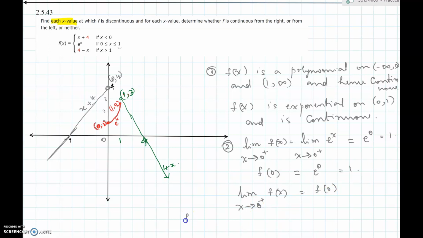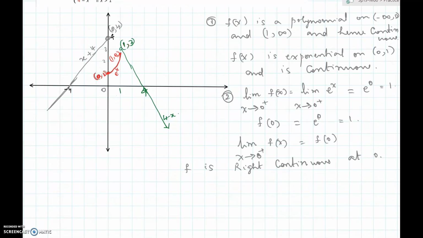So the function is continuous from the right, or right continuous, at 0. But is it continuous at 0? The limit as x approaches 0 of f of x, you should treat as two limits, one from the left and one from the right.